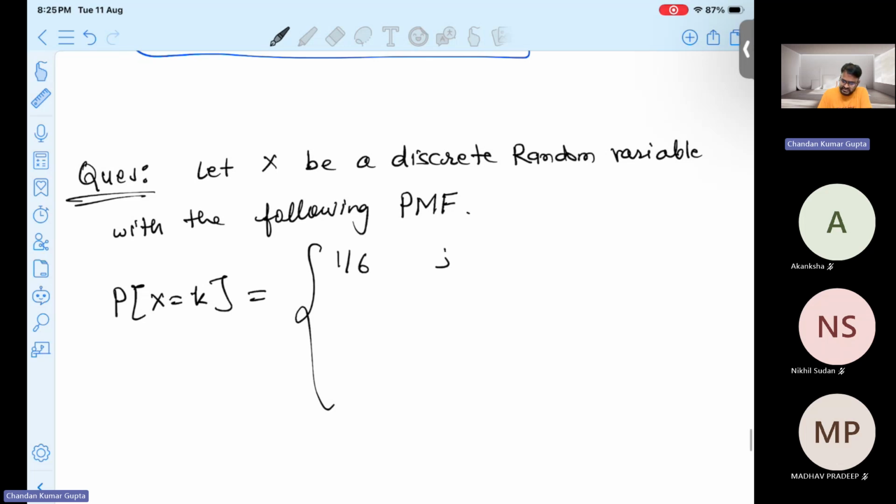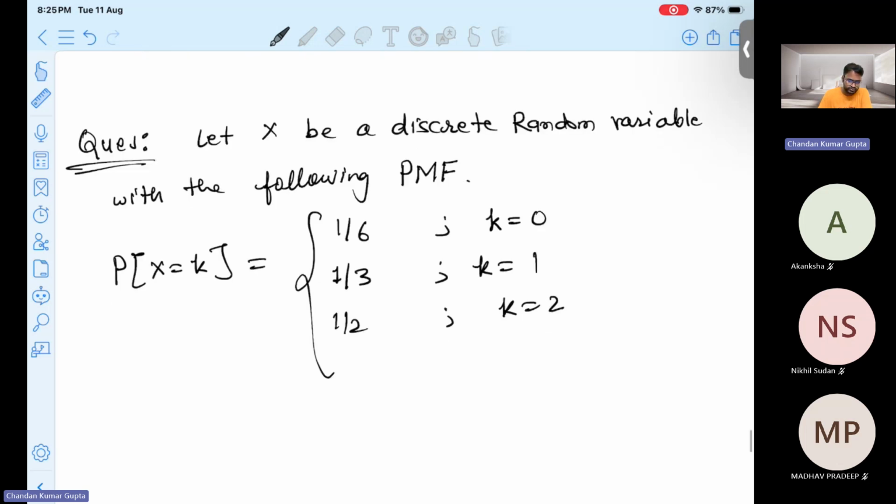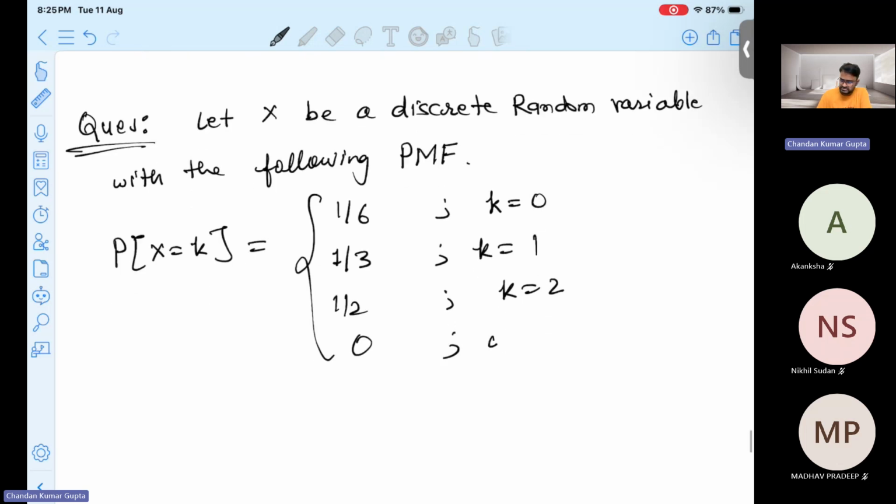Suppose 1 by 6 when k equal to 0, 1 by 3 when k equal to 1, 1 by 2 when k equal to 2, and 0 otherwise. This is the probability mass function we are given.